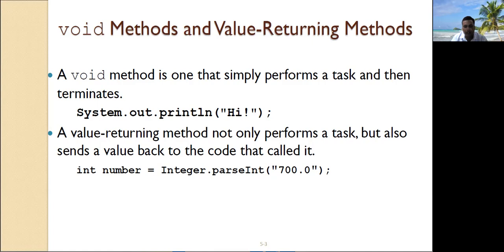We are calling this method through the class name, and at the time of calling, we are passing the argument 700 to this method. Once this method is executed successfully, it will return an integer value and that will get stored inside the number.